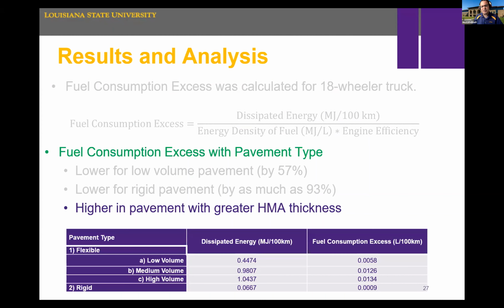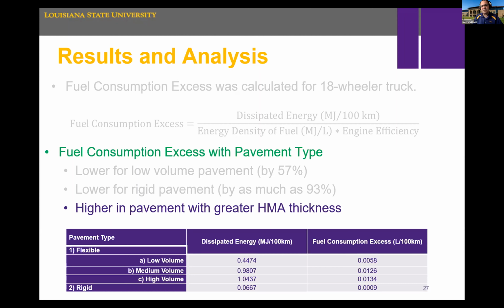And the results are showing here. This is the fuel consumption excess in liters for 100 kilometers of travel. You can see, for example, the fuel consumption for a rigid pavement is less than for flexible pavement.